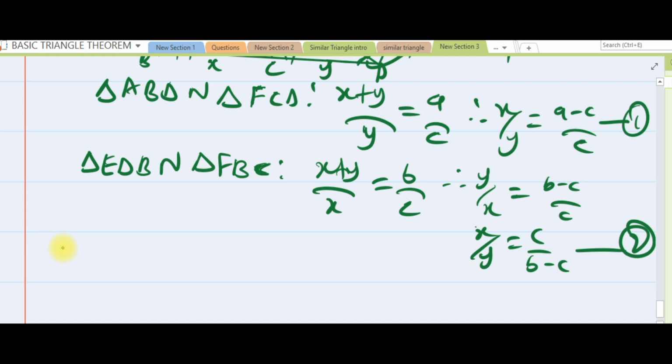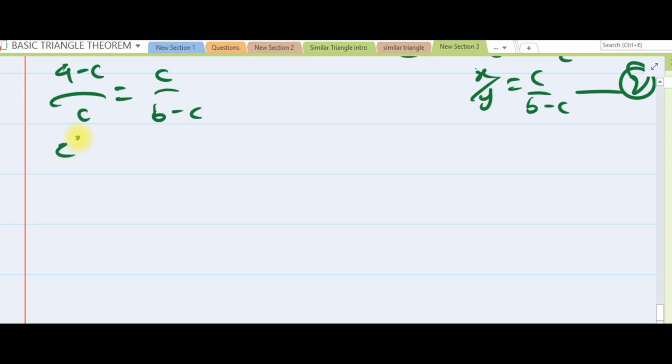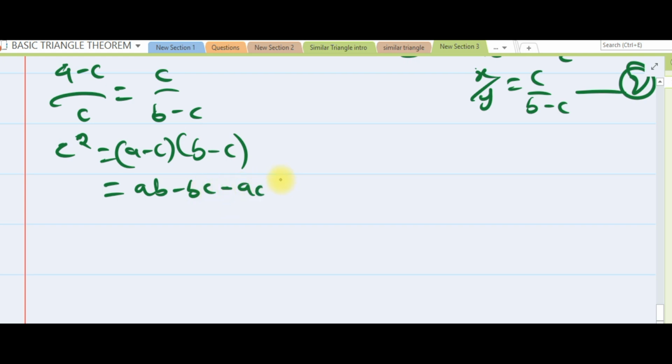So we have two equations that are the same for x over y. A minus C over C is equal to C over B minus C. If you cross multiply, we now have C squared equals A minus C times B minus C. And if you open up, this is AB minus BC minus AC plus C squared, and C squared is gone on both sides, so BC minus AC comes here, and is now A plus B times C, remaining AB.